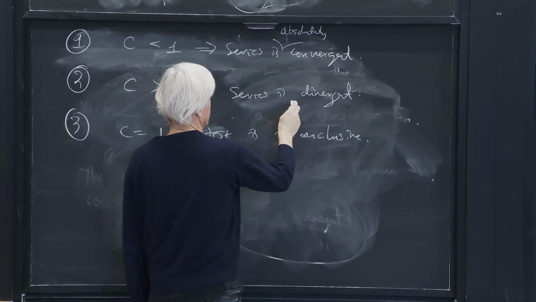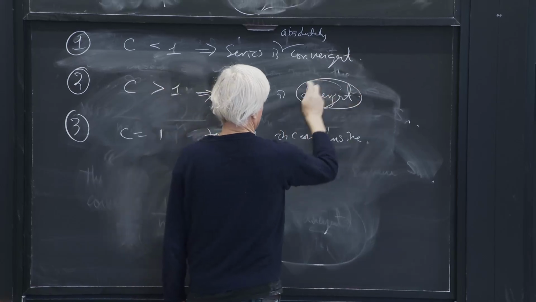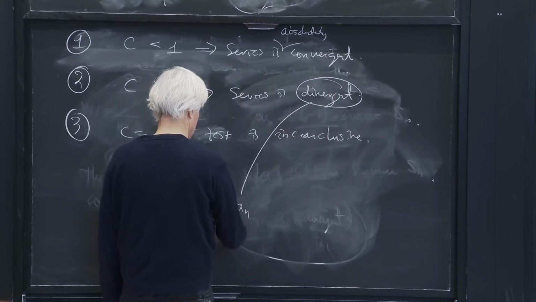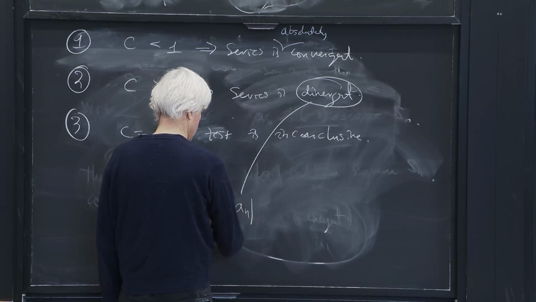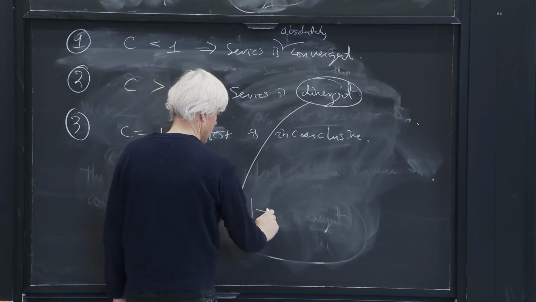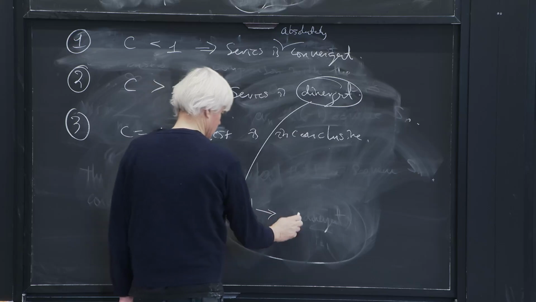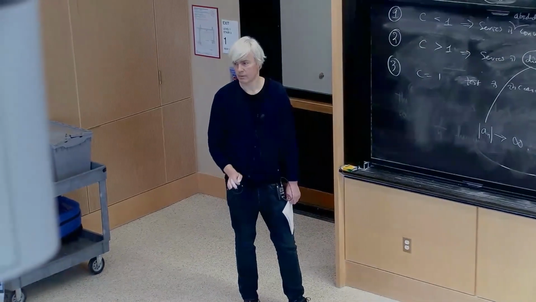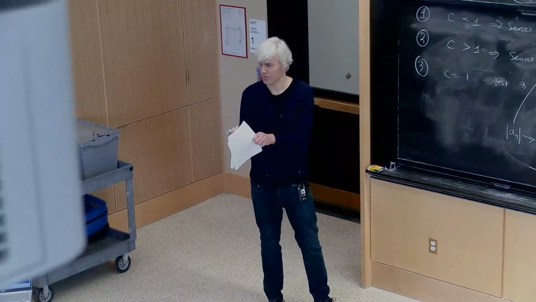Here we proved it's divergent, and what we actually proved is that this a_n goes to infinity, like this. They were supposed to go to 0.